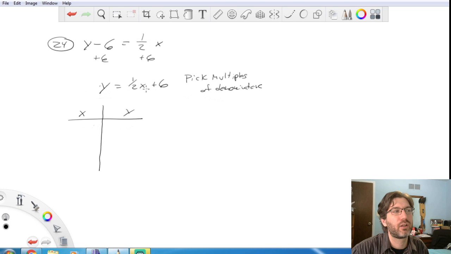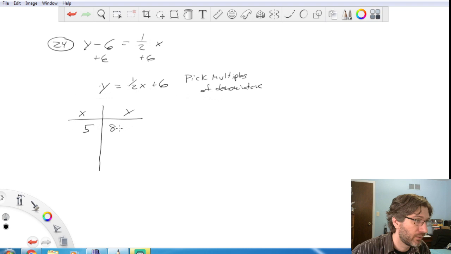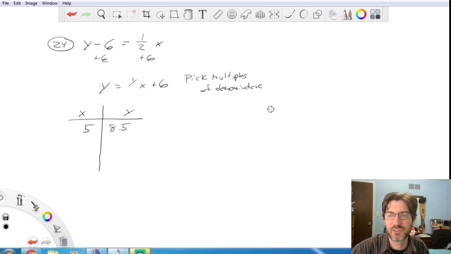Right, if I were to pick like 5, that's a pain because now I got to do 1/2 of 5, which is 2.5 plus 6, which gives me 8.5, and now I have to graph y on 8.5, which really isn't that bad, but if this was like a 4 or something, then it would be even worse.